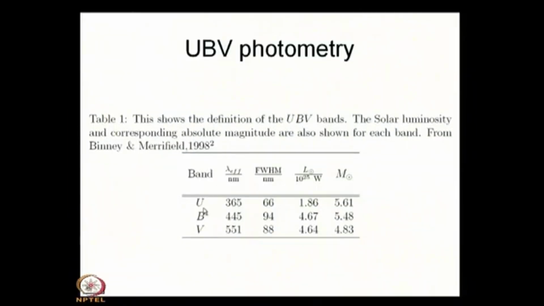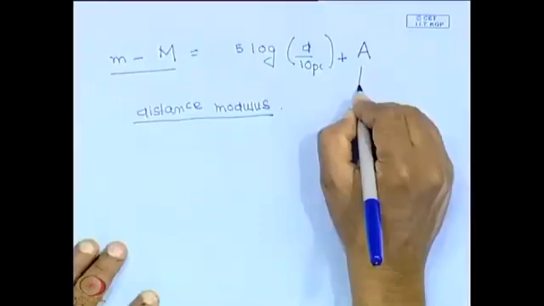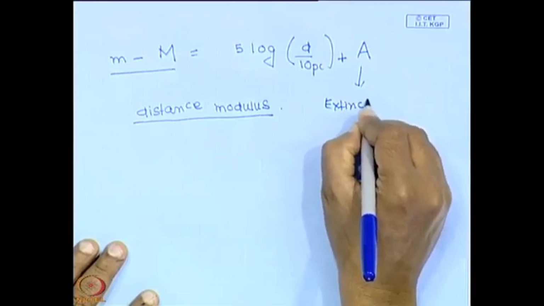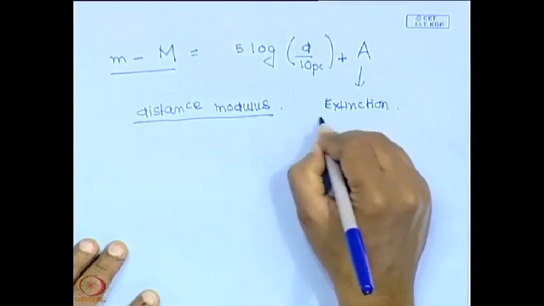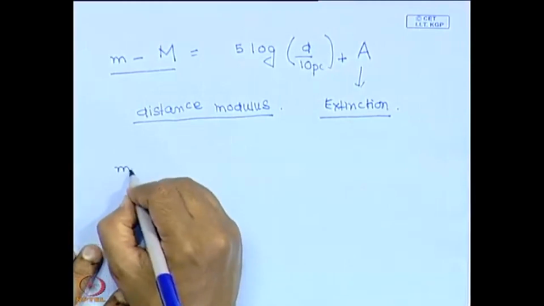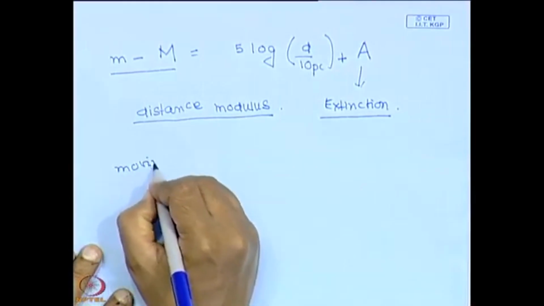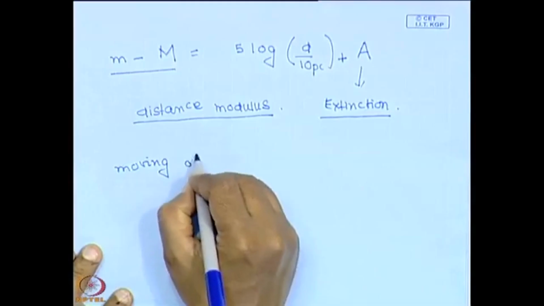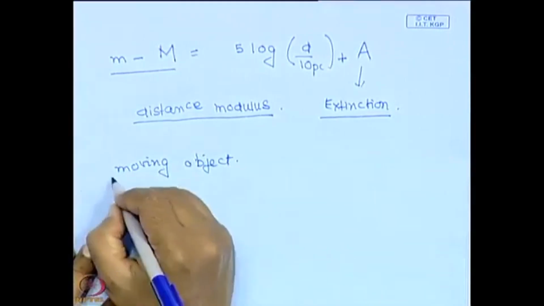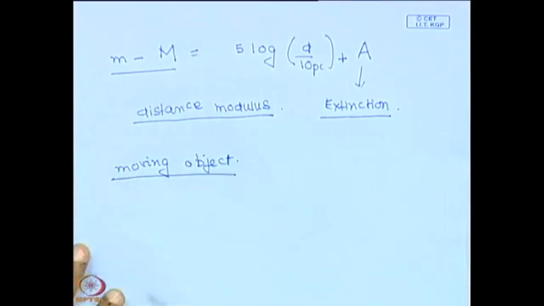The second point is for a moving object. If we look at a moving object, then its light, the frequency, gets shifted.